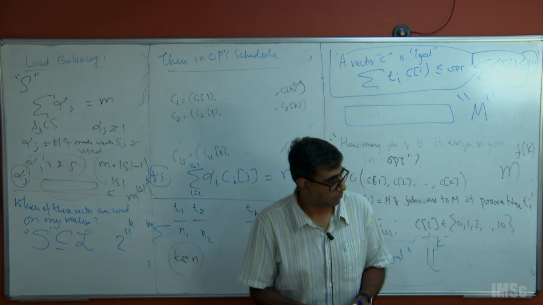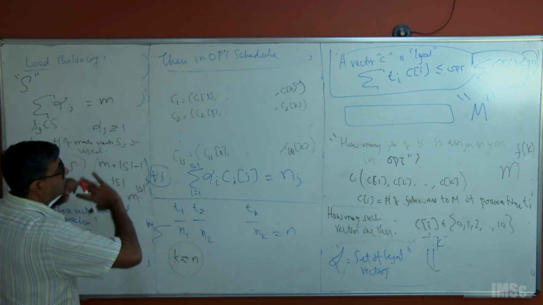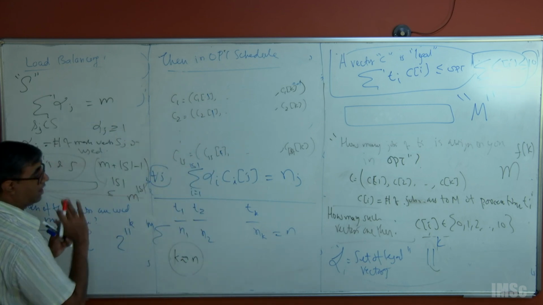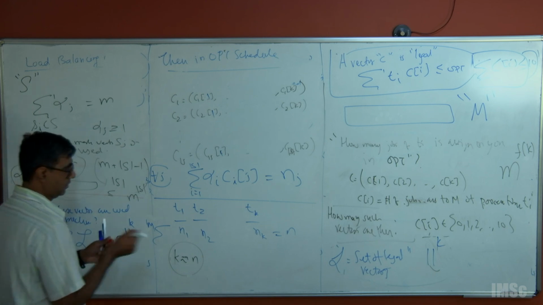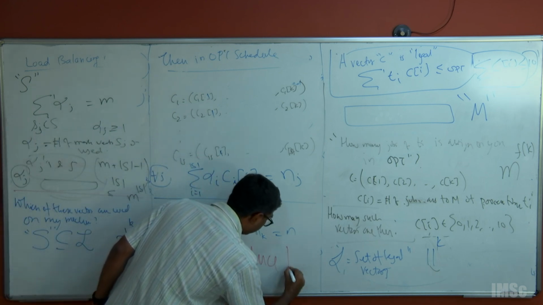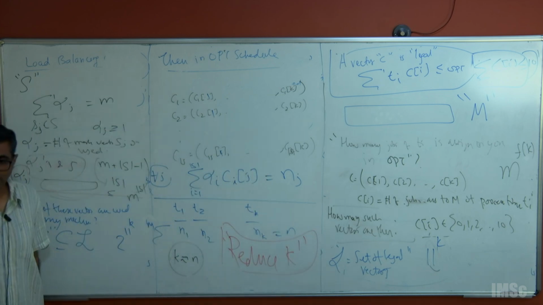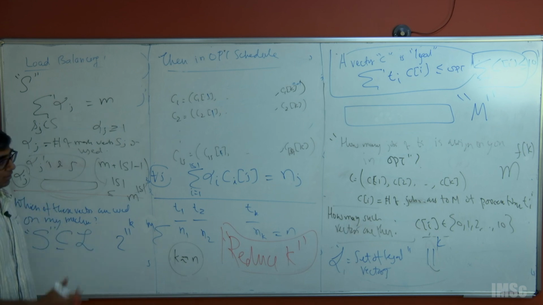So we have to first find some trick. Here is trick number 1. My setup is all well, everything was okay except that we need to reduce k. I also told you that if k was really constant, then I actually gave you a polynomial time algorithm to solve this problem.